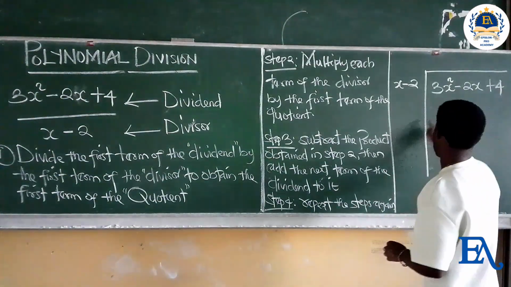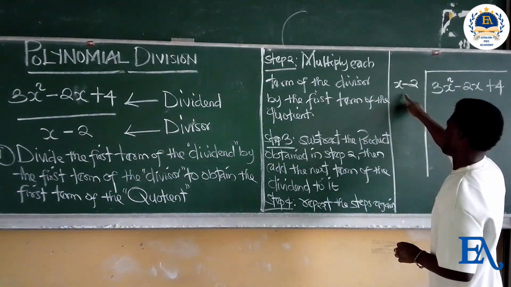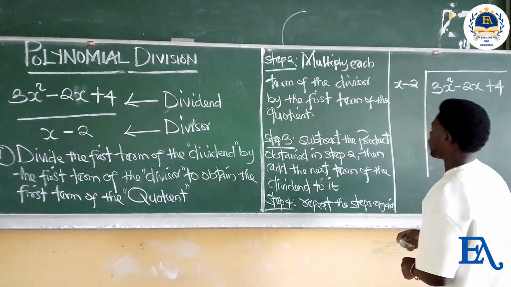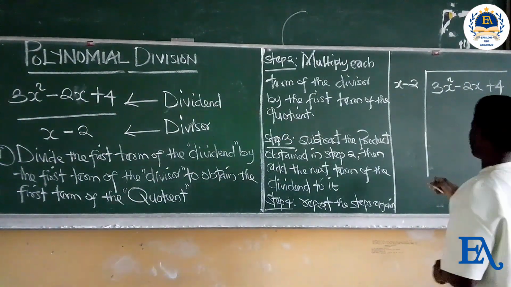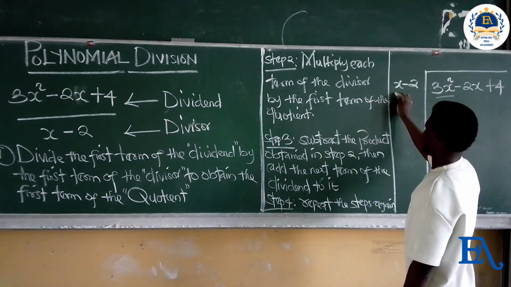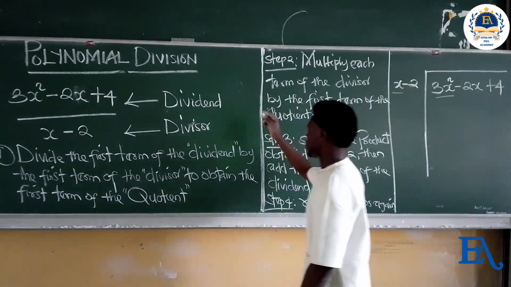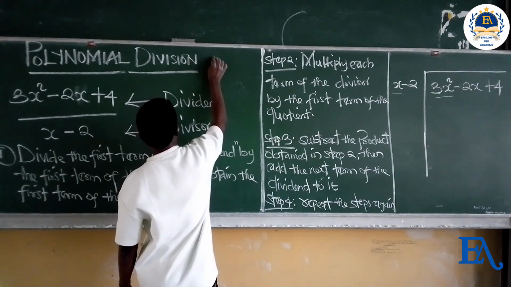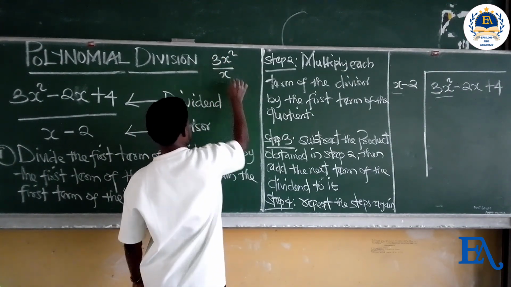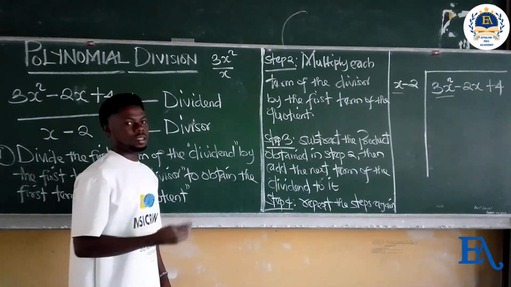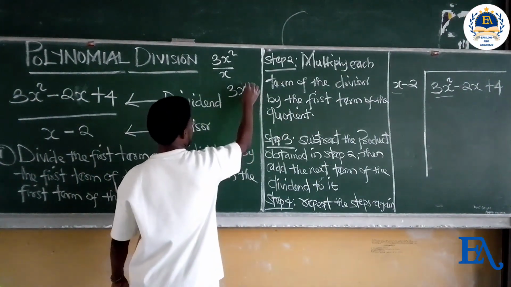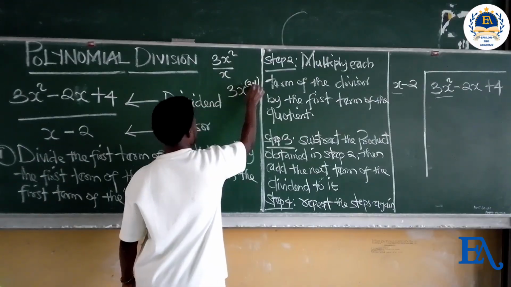So this is the dividend and this is the divisor. So we are going to divide the first term of dividend by the first term of the divisor. The first term of the dividend is this, while the first term of the divisor is this. So if we divide 3x squared by x, according to the law of indices, it will become 3x raised to the power of 2 minus 1.